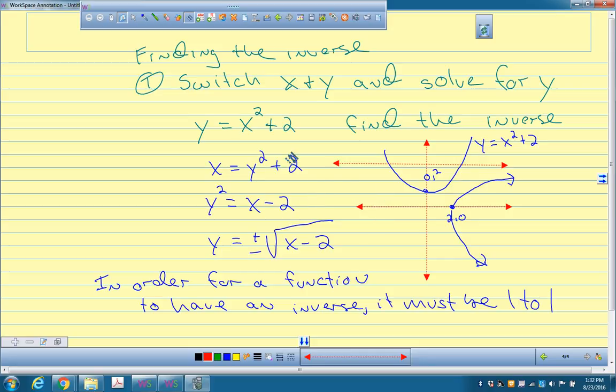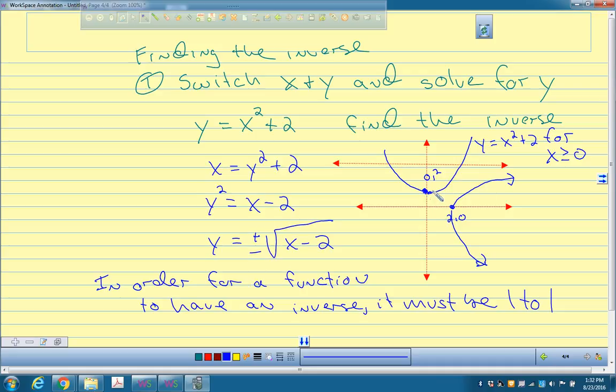But what you can do is find the inverse by what's called restricting the domain. So if I say, find the inverse for x greater than or equal to 0, what would be the inverse? Would it be the plus part of this or the minus part of this? Plus. It'd be the plus part because you're talking about the inverse.